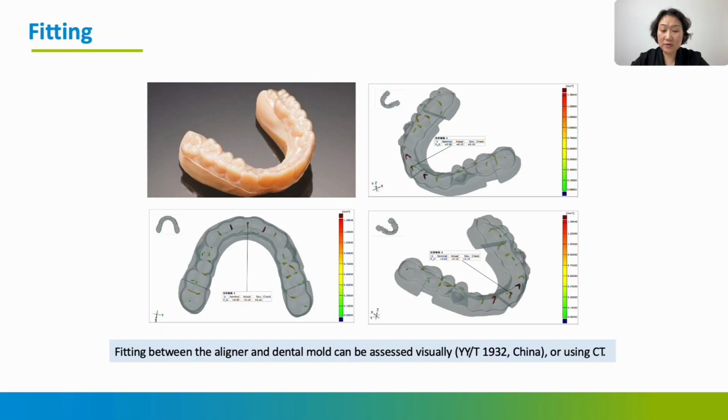CT can also be used to measure the fitting between the aligner and the dental mold. The readings of the gap quantify the fitting level. We can also observe with naked eyes to see whether there is any gap, insert and remove aligner from the dental mold to check whether it is too loose.